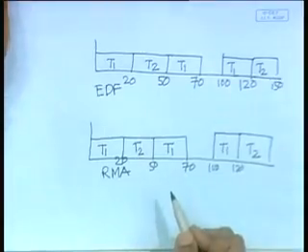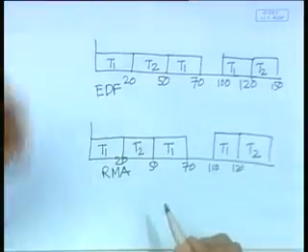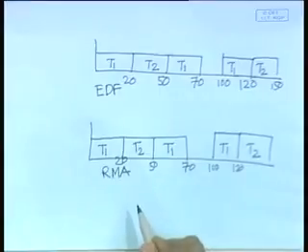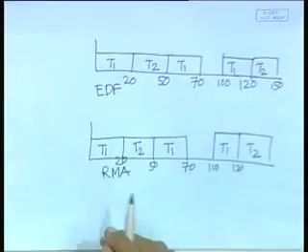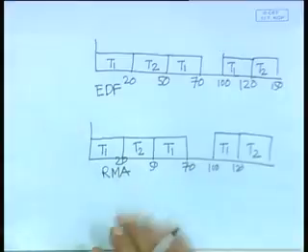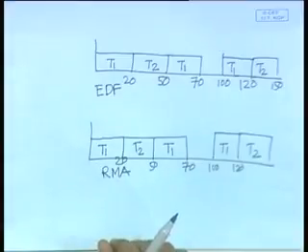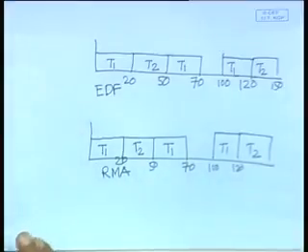Can you just construct one example where EDF and RMA produce different schedules? That will give us some understanding of the scheduling policies of EDF and RMA and how they are different.